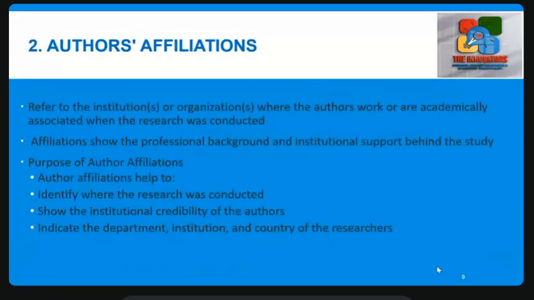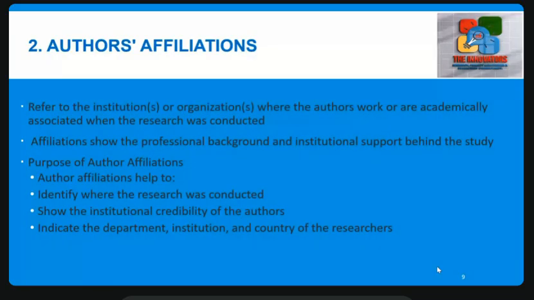Let us move to the second part, which is very important when writing an abstract for scientific publication: the author affiliation. The author affiliation refers to the institution or organization where the author or authors work or are academically associated when the research was conducted.